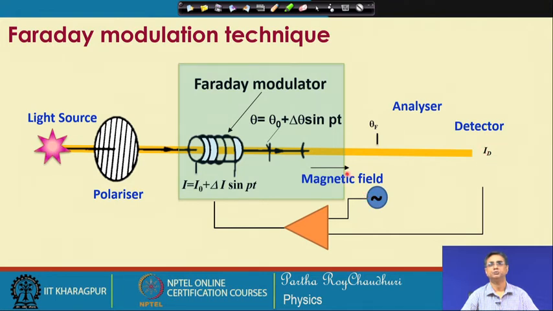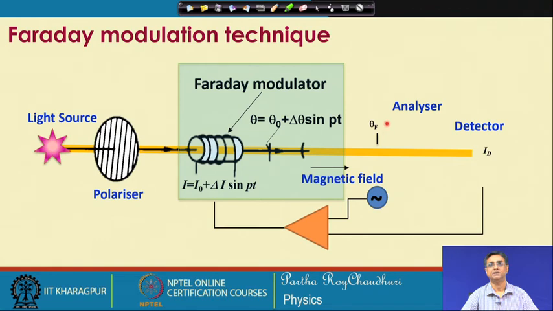This magnetic field and the detector current are fed into an op amp, which is connected to this system. This is called a Faraday modulator, in which, as a function of the input current, the magnetic field changes, which in turn varies the plane of polarization.